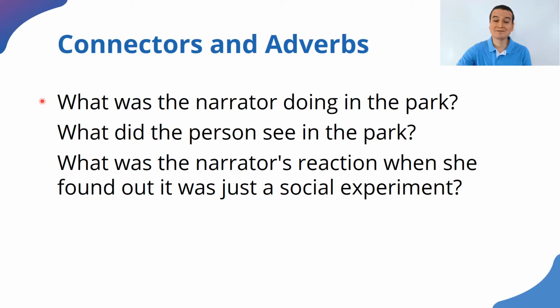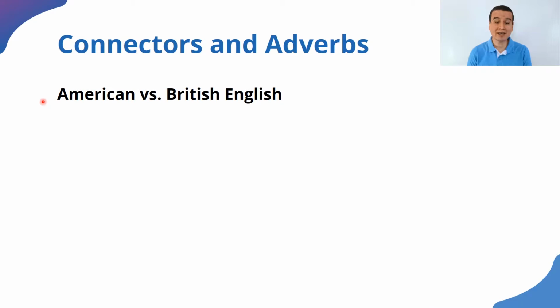All right. Good. We're going to use this story to see some elements that are very important in English. One of them that I wanted to tell you about is that sometimes you may find some different spellings or different words in English depending on whether the writer was using American or British English.